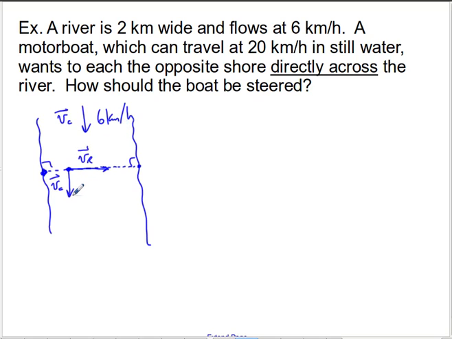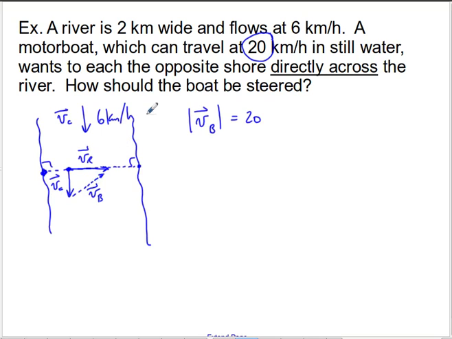What I'm interested in is the velocity of the boat. I already know that the magnitude of the velocity of the boat is equal to 20, because that's given. So we know the length of this side and the length of this one. We don't know anything about the resultant except for its direction, which is directly across the river.